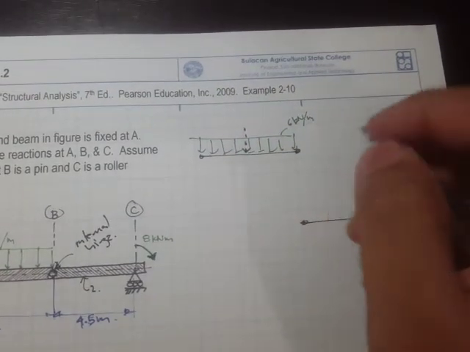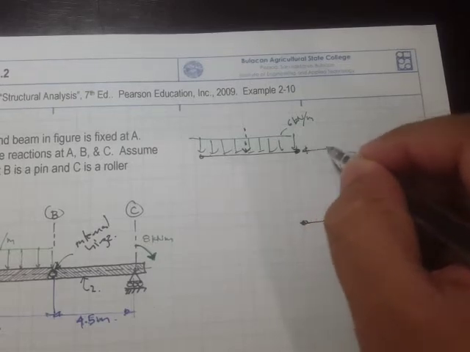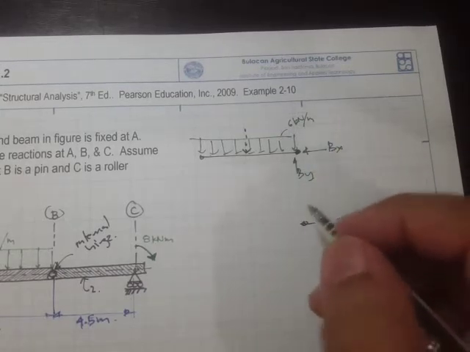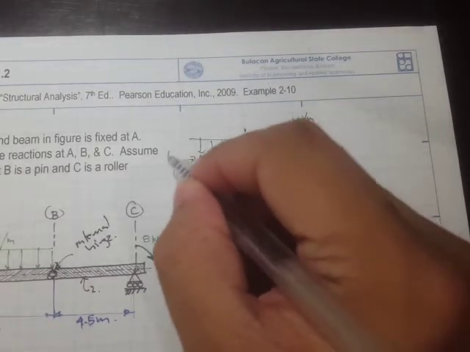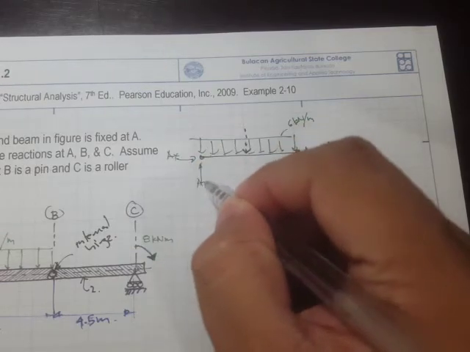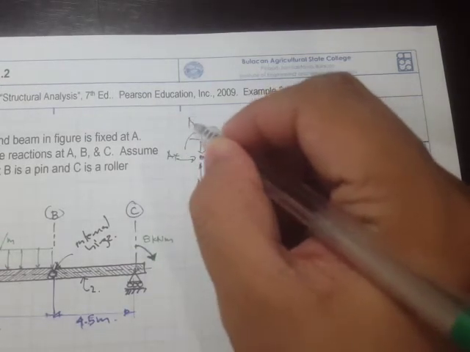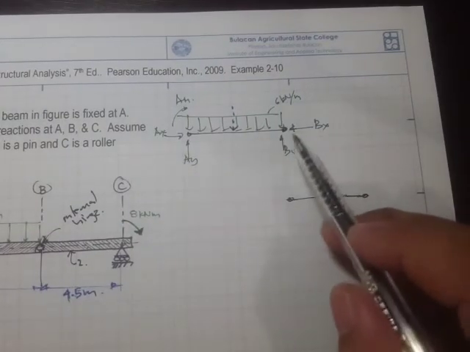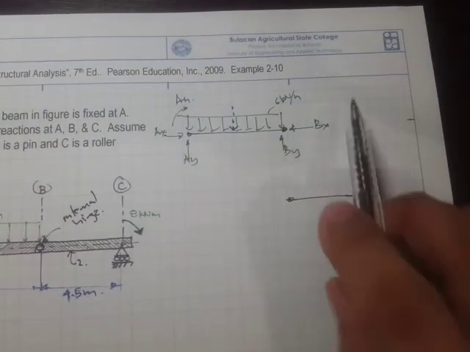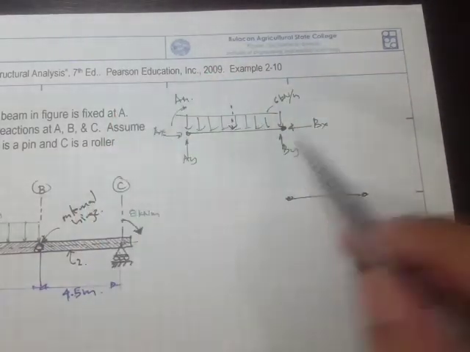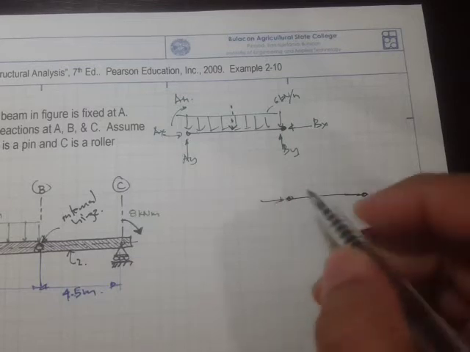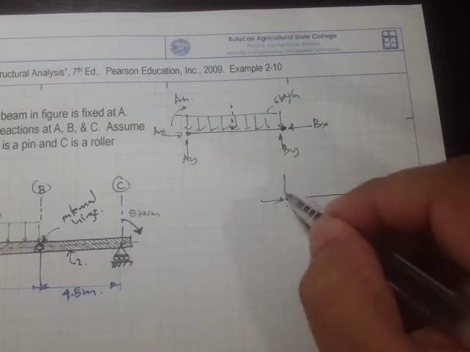Okay, so right here we have two reactions. Let's say this is bx, then this is by, and right here we have ax, ay, and a moment along A. Now in terms of the internal hinge, with respect to this member this is the direction, but with respect to this member it would be the opposite direction, right?